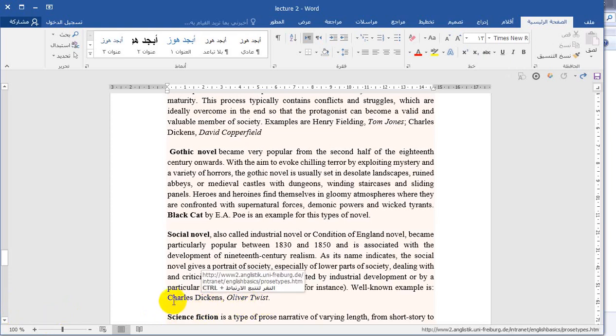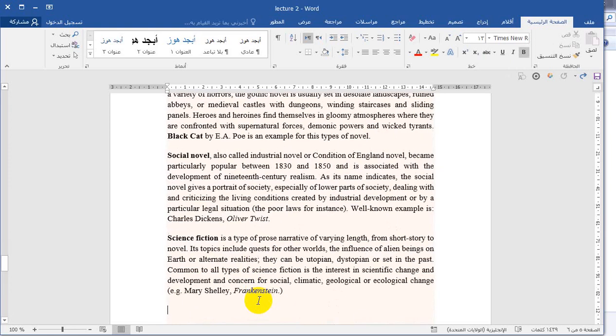In this novel Dickens talks about an orphan boy, Oliver, who grows up in the street and is going to be a thief in the end because he is an orphan. This was a very famous phenomenon at that time in England in the 18th century: orphan people, or orphan children actually.